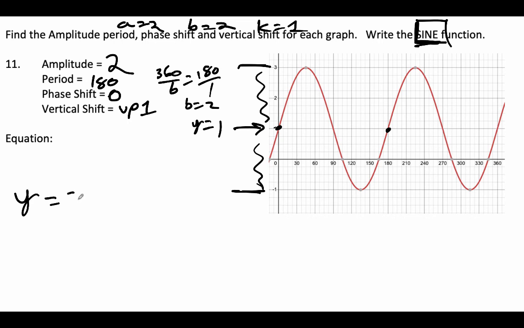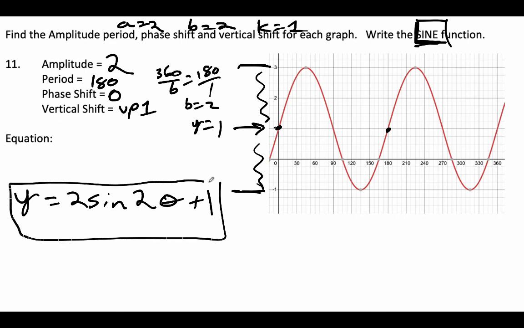Y equals 2 sine, value of b was 2, theta, +1. Boom. So we did not have a phase shift on that. We didn't go left or right.